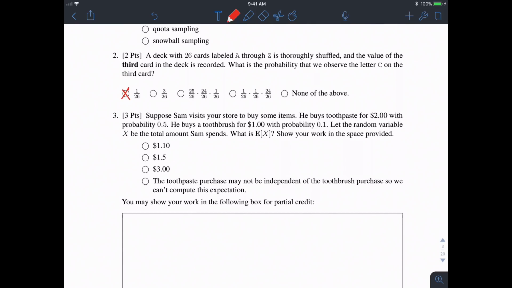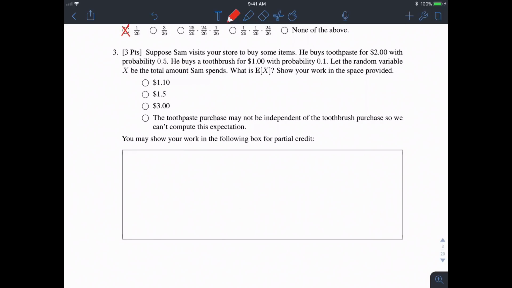In problem 3, we suppose some guy named Sam visits your store to buy some items. He buys toothpaste for $2, 0.5 of the time, and he buys a toothbrush for $1, 0.1 of the time. And we want the expectation for the amount of money that Sam spends. Okay? We can break up this expectation into 2 parts, right?